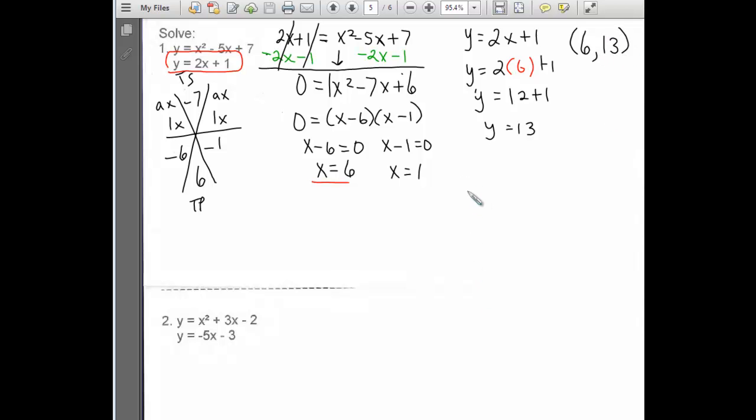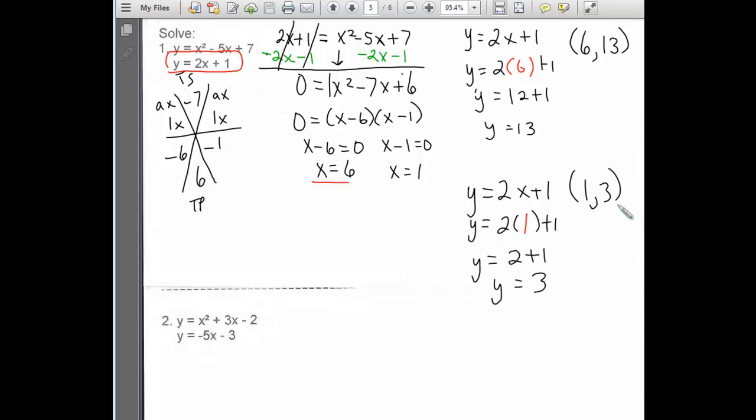Let's look at the second solution. When x is 1, what is y? Y is 3. So my two solutions are 6, 13 and 1, 3.